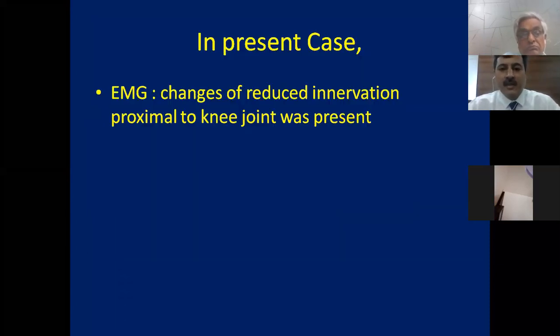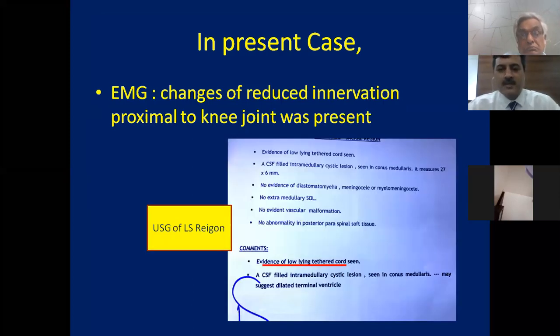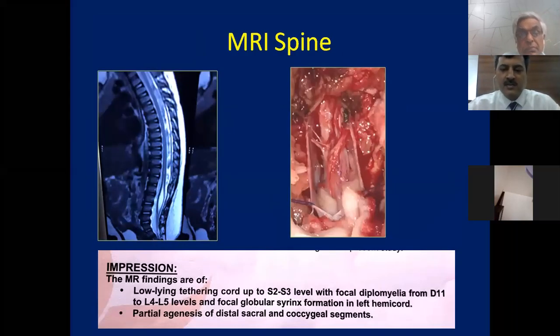Now coming to our case, the EMG was eventful right up to the thigh, and we got an ultrasound showing evidence of a low-lying tethered spinal cord, although there was no external evidence of neural tube defect. We required a surgery for her, and she had tethered cord with syrinx. So a simple-looking clubfoot may have an underlying neurologic issue.